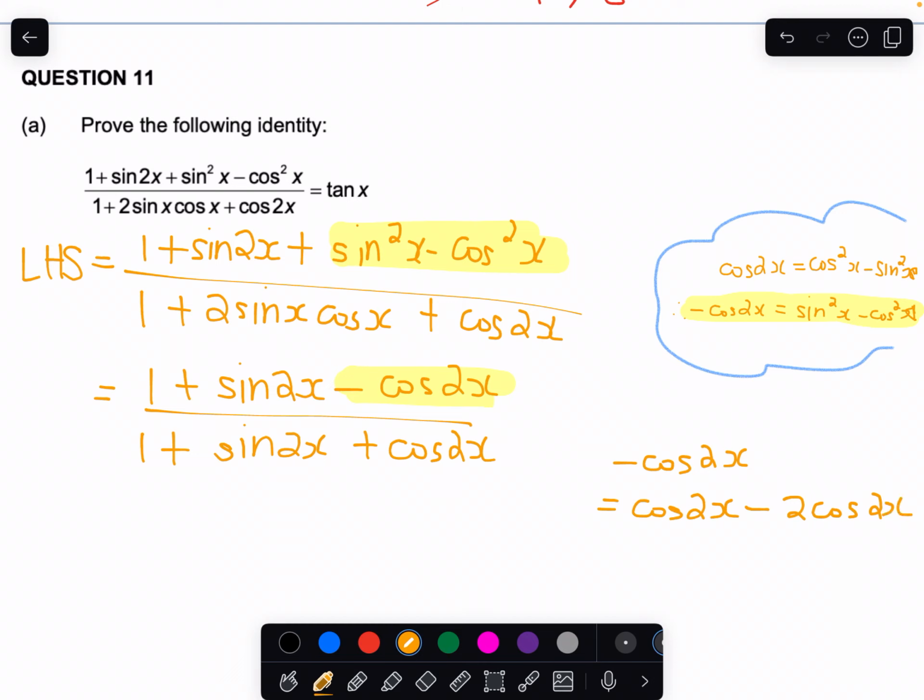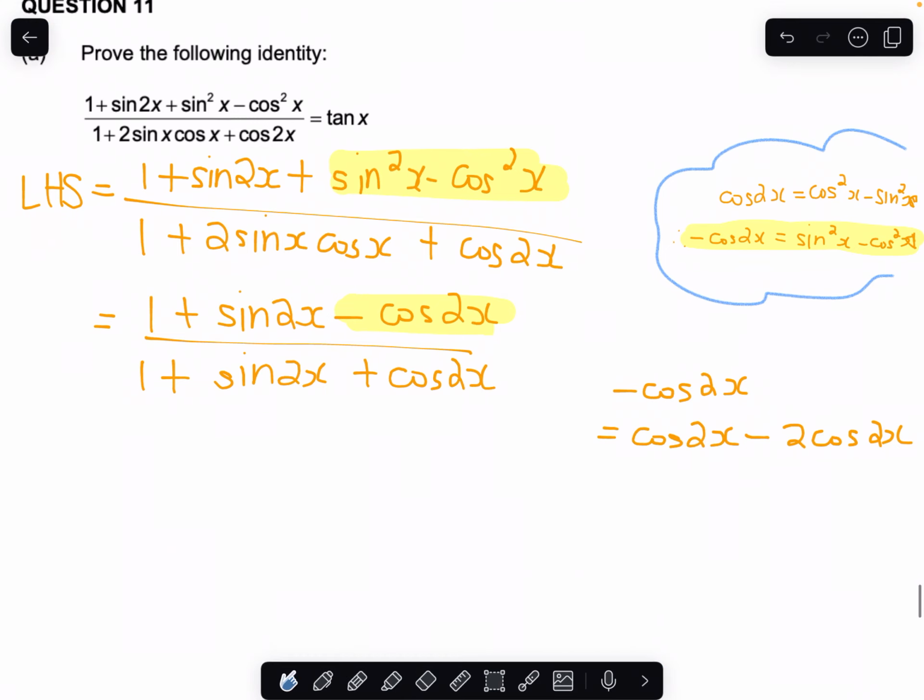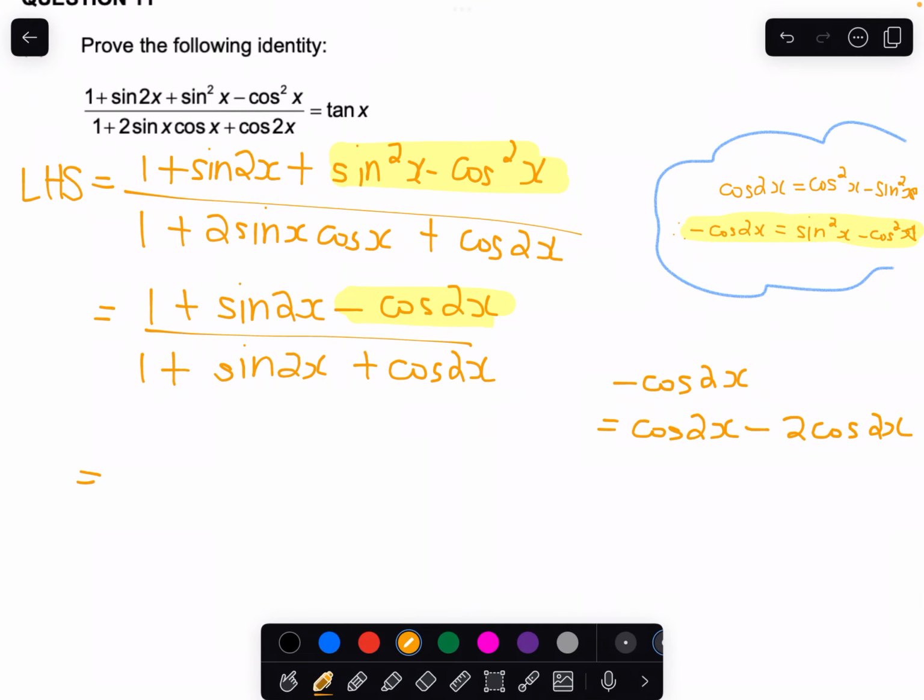That does give me a minus cos 2x. Then I'm going to see how far that gets me. I don't think it's going to get me very far, but let's see how long I can force matters.